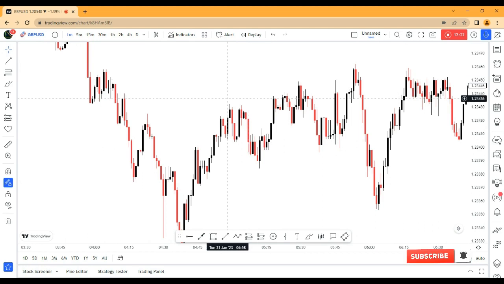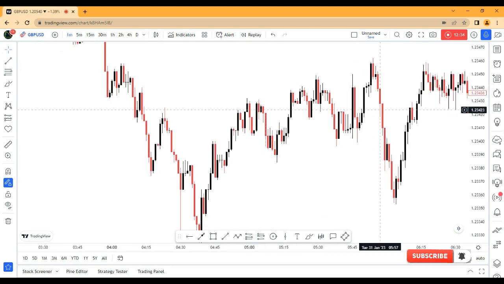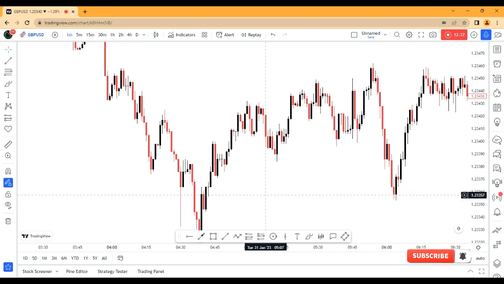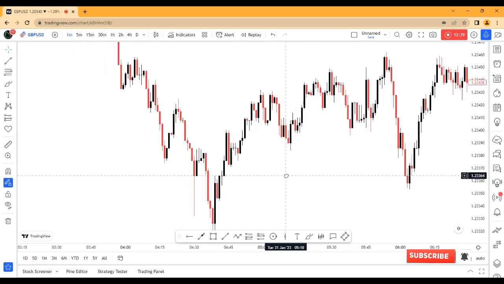This particular entry model, you can take this same entrance in any time frame, either being 1 minute, 5 minutes, 15 minutes, 30 minutes, 1 hour, 2 hour, 4 hour, daily or monthly. You can make use of this entering model.